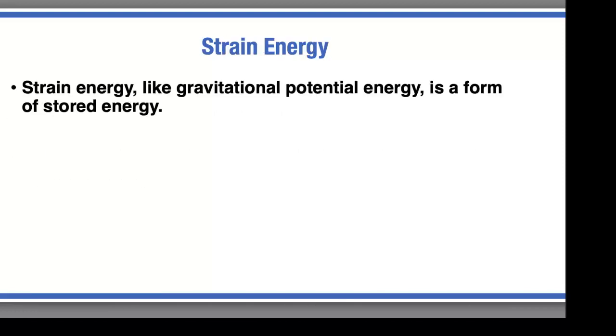All right, so strain energy, like gravitational potential energy, is a form of stored energy, like the bow and arrow. When you pull it back, there's strain because the bow wants to go back to its original shape. At the moment it actually has strain energy, and that's what's holding the string.